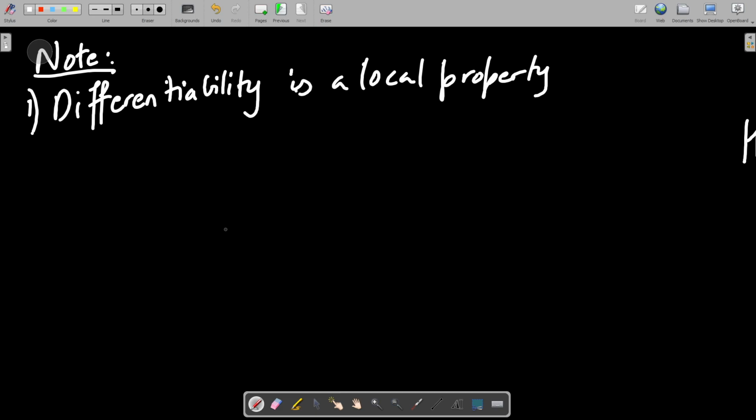It's a local property, or local condition, you can say. If it is true at one point, it need not be true at other places in the given domain.